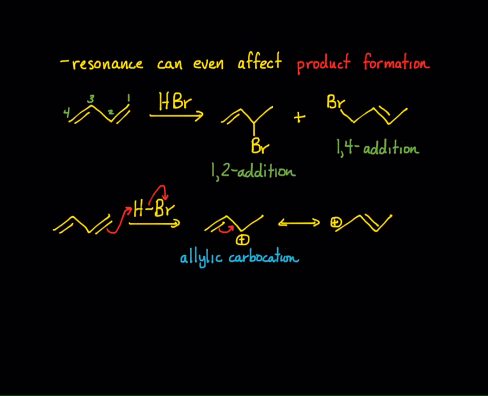So this is something that we talked about at the very beginning of the semester, and if you need to, certainly review resonance forms because this becomes very important in understanding carbocation stability and carbocation what we call migration, right? So these two species are resonance forms of the allylic carbocation.